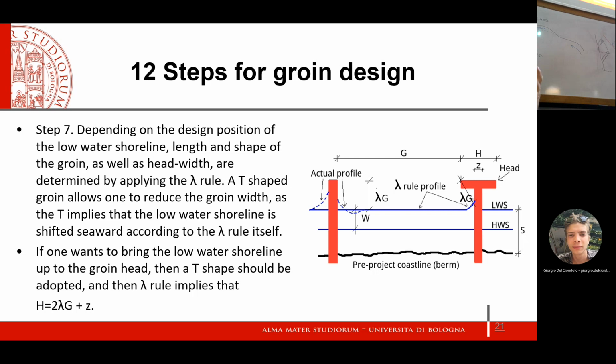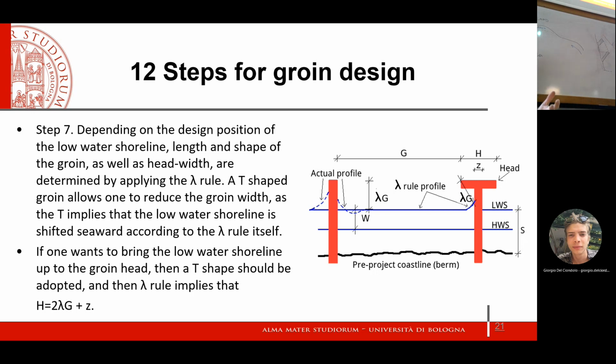Another possibility could be that we take a longer groin by avoiding the T. So if we have the room for going far into the sea, we could take just a rectilinear groin. We can avoid the T, which is in a way disturbing in any case, for the visual and many other reasons, and we just take a longer groin if it's possible.